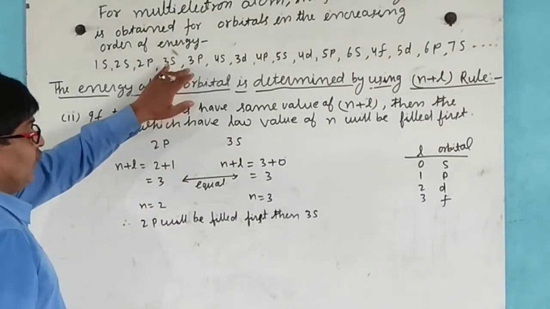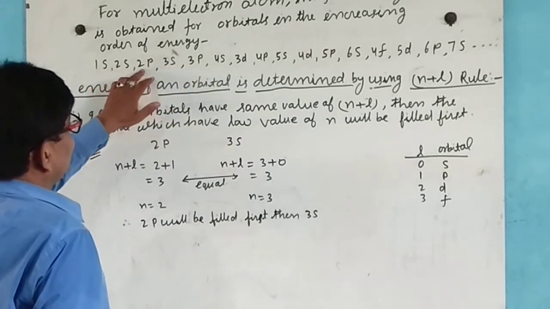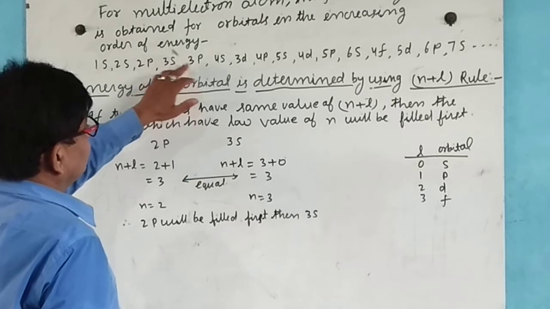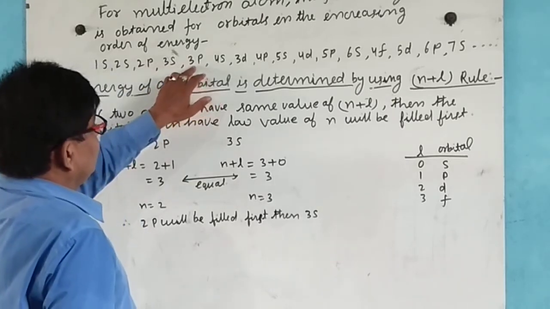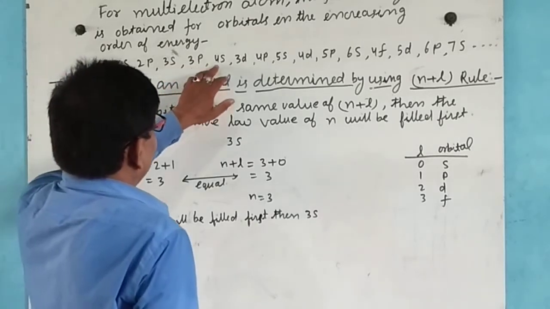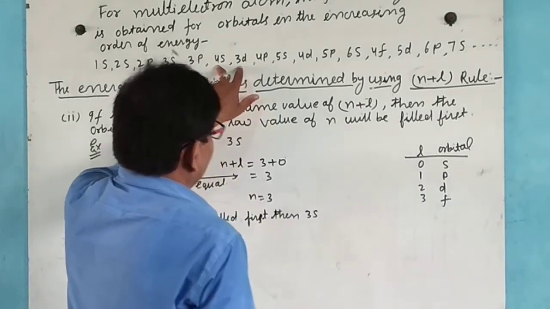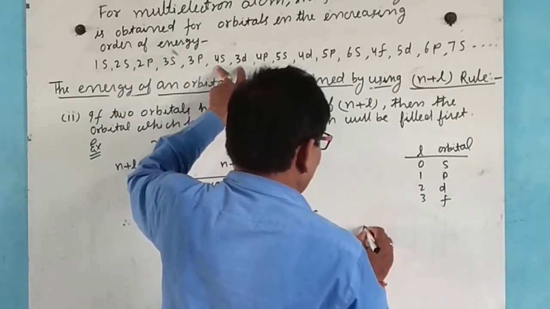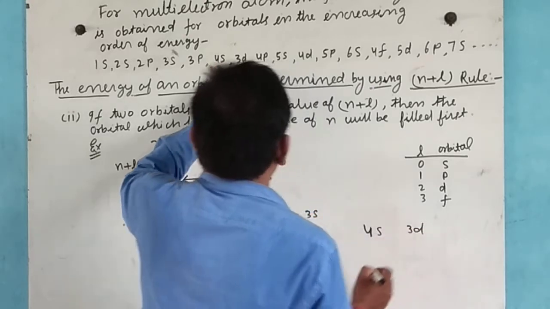Now we can also take another example: 1s, 2s, 2p, 3s, 3p, and here 4s, 3d. We can see 4s and 3d.